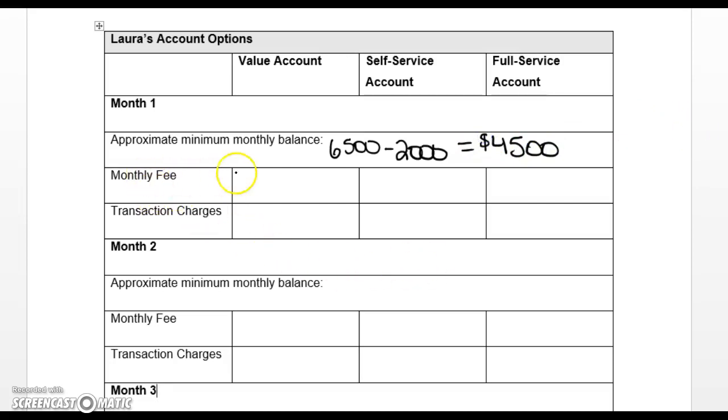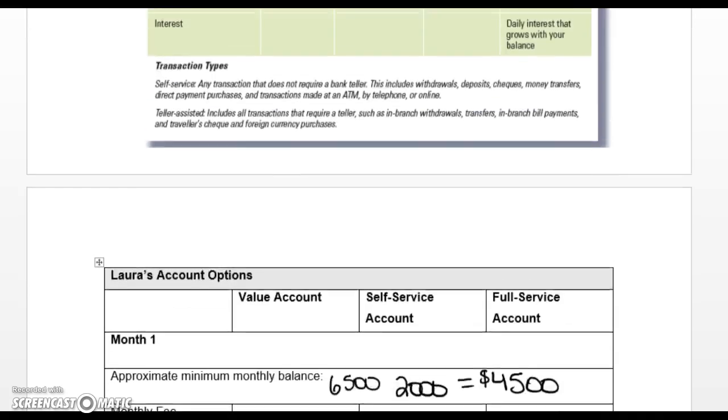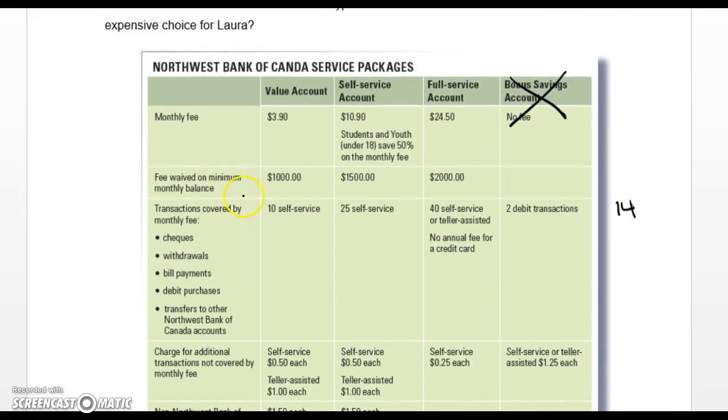So now let's go through each of those monthly fees for each of those accounts. So look at your value account. If you scroll back up, you can see that she needed a minimum of $1,000. So that means this monthly fee would be waived. Same with the second account, and same with the third. She's got $4,500, so all of these account fees would be waived.